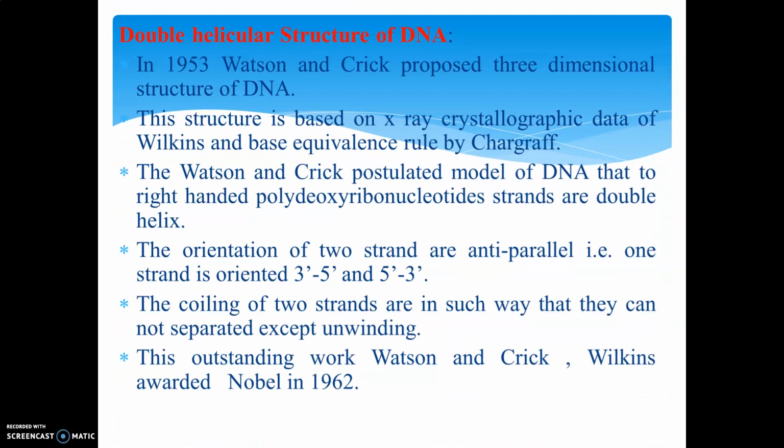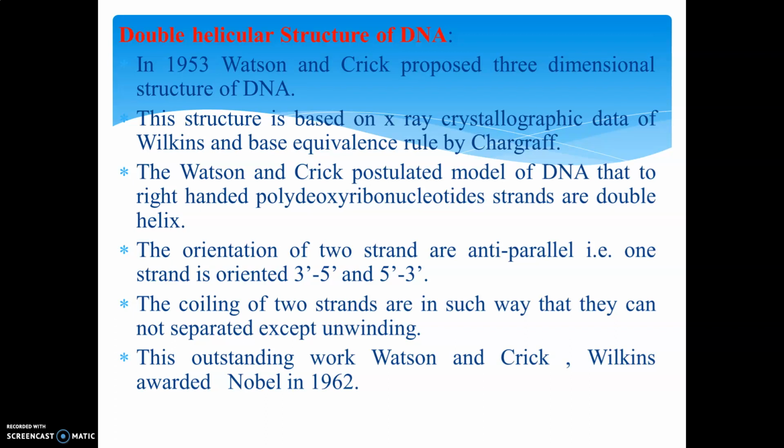Now we look at the double helical structure of DNA. This structure was proposed by Watson and Crick in 1953. We call it the three-dimensional structure of DNA. It is based on the X-ray crystallographic data of Wilkins and the base equivalence rule of Chargaff. Watson and Crick postulated a model of DNA in which two right-handed polydeoxyribonucleotide strands form a double helix.